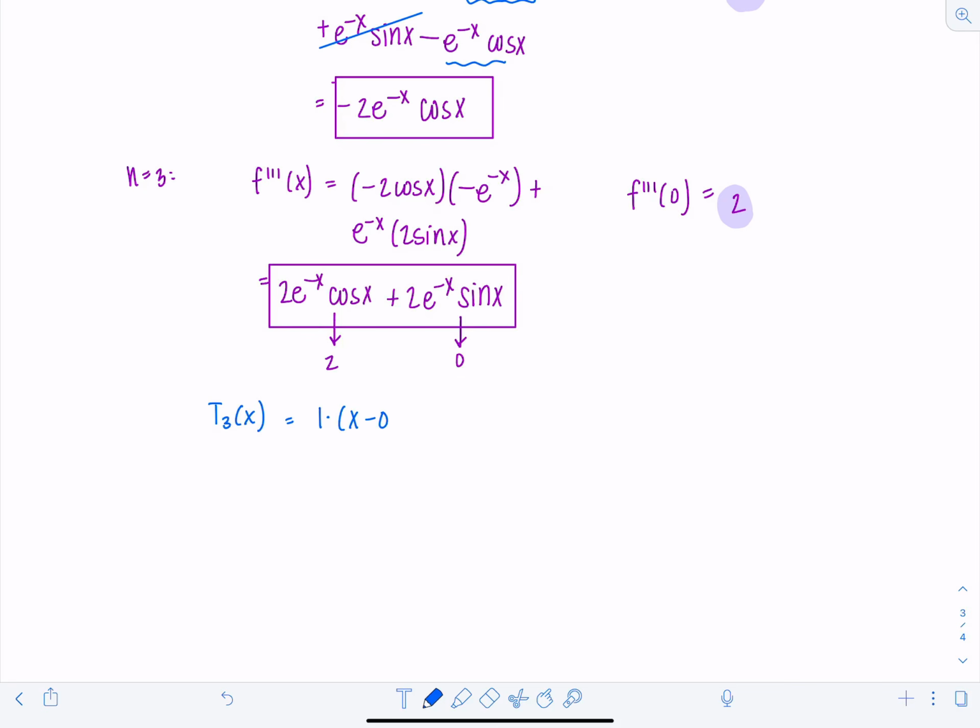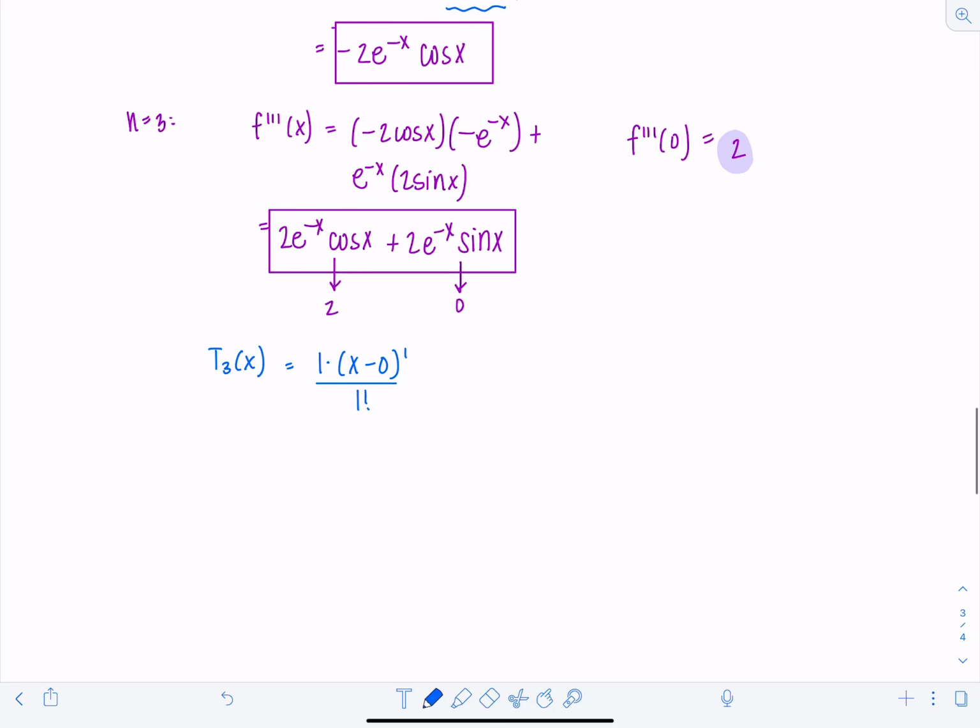I have x minus 0 to the first over 1 factorial. Then the next coefficient is a negative 2, so I have minus 2 times x minus 0 squared over 2 factorial. And then plus 2 times x minus 0 cubed over 3 factorial.